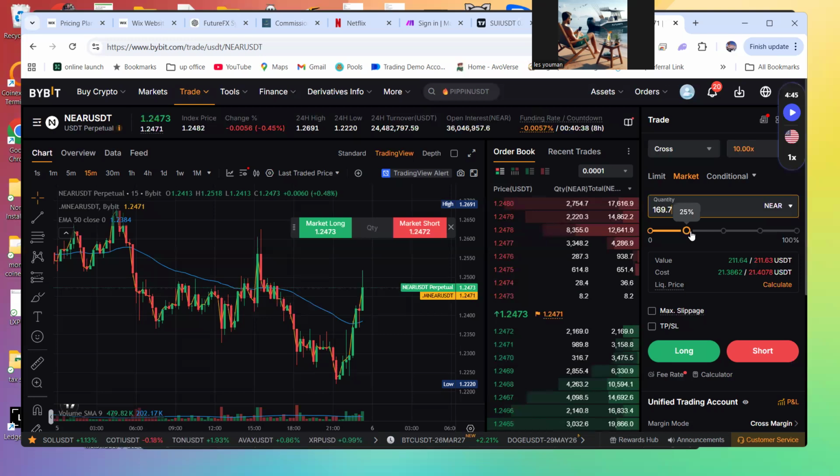And that's the quickest and easiest way. We can refine it a little bit more, but we'll talk about that later. So that's how much we're going to trade.